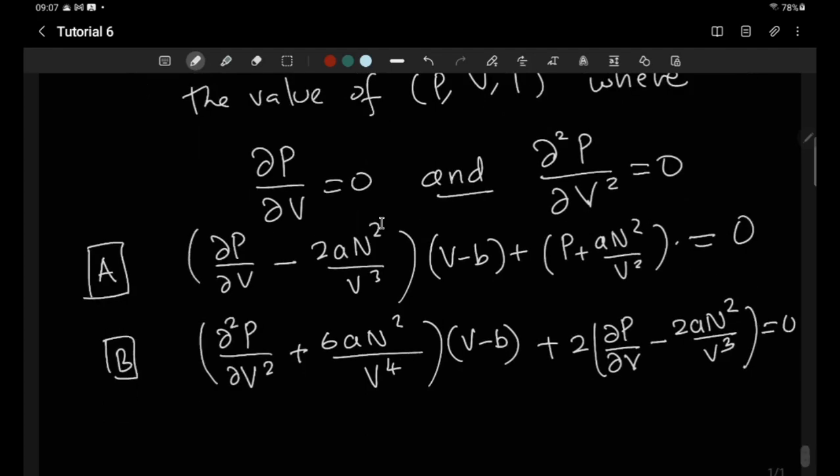Now we just have to set dP by dV equal to 0 and set V equal to Vc. There's no T in this, but that we'll get from the van der Waals equation of state once we determine Pc and Tc.